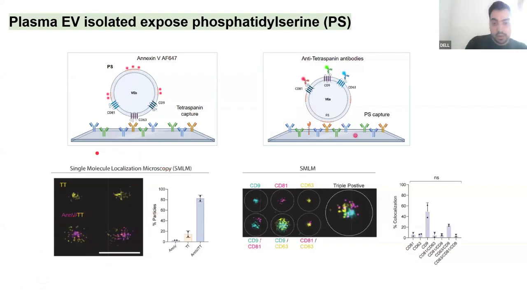So you can see some photographs here. Each dot that you can see is a single molecule, and this white circle is an estimation by the software of the extracellular vesicle surface.